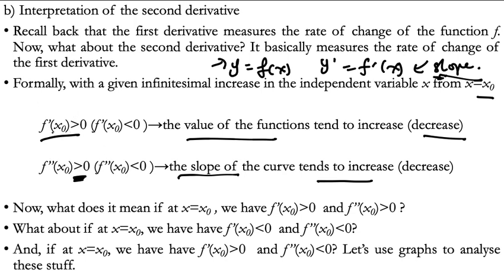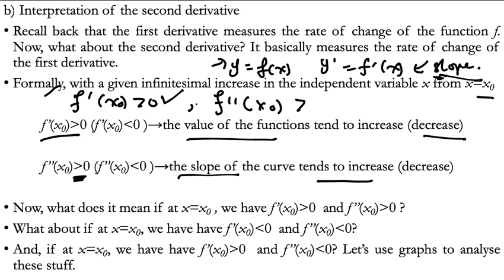Okay, for instance, I give you a clear example here. f prime x is positive, and at the same time when you try to find f double prime x naught, it is also positive. That means the slope is positive, isn't it? Or the slope is increasing, or the curve is increasing.